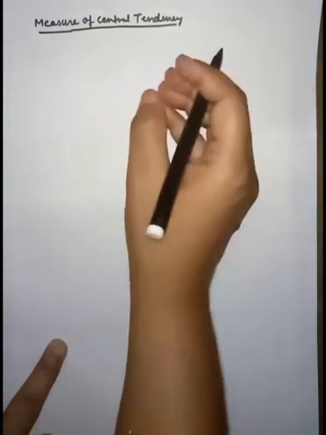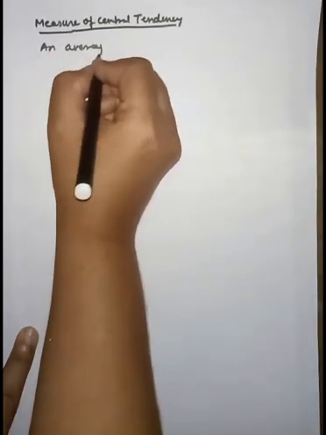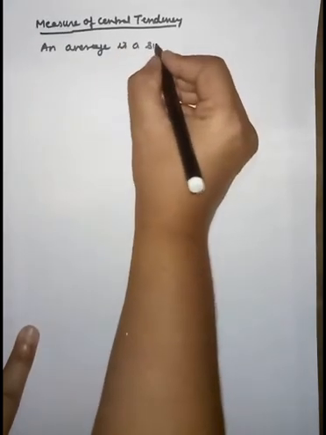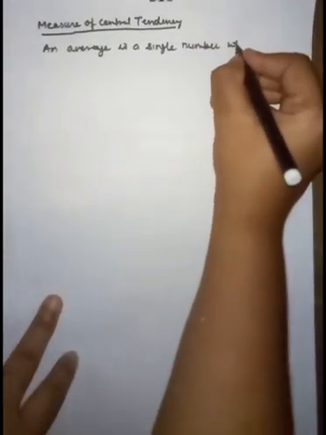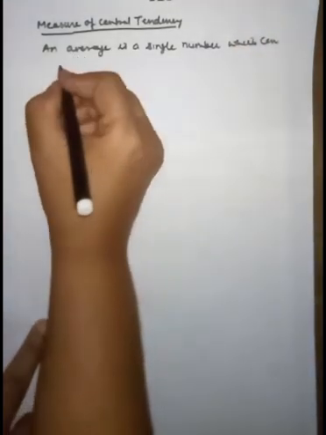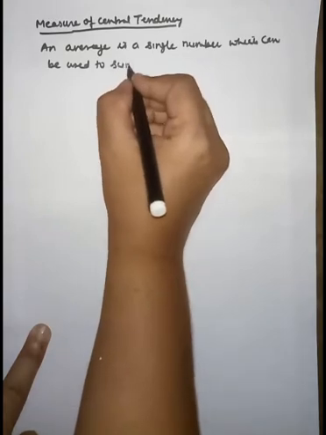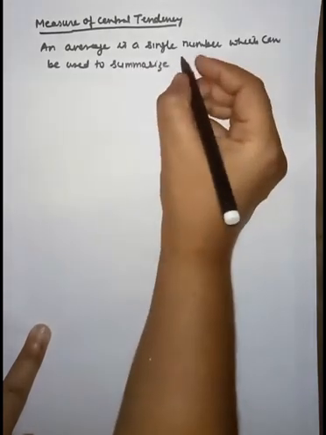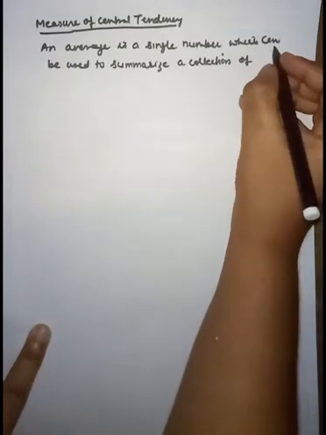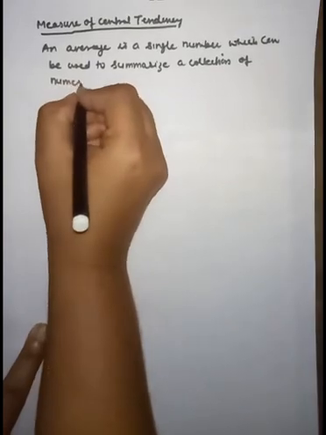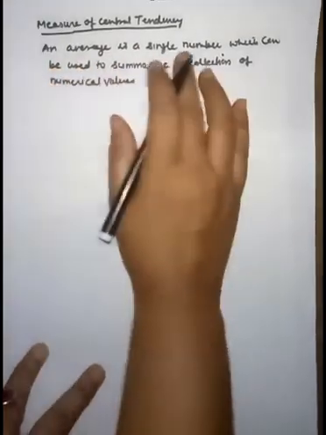Mathematically, if you want to write, an average is a single number which can be used to summarize a collection of numerical values, right, friend? So basically average is a single number.